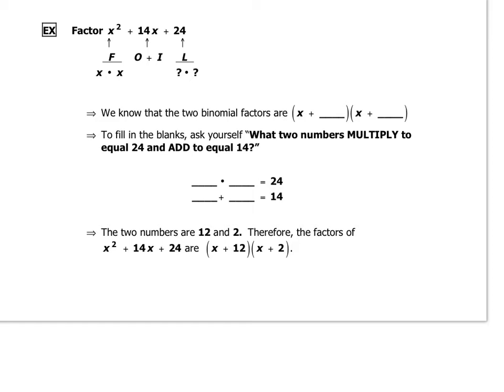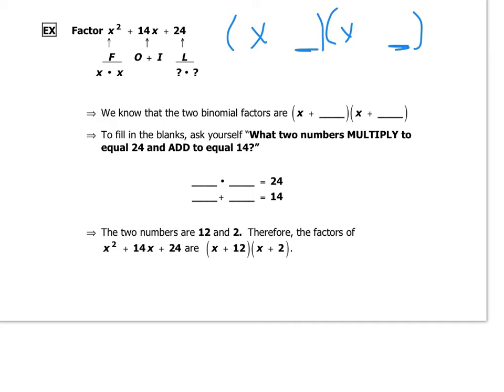When we factor this into two binomials, our firsts are x and x. Our lasts go here and here. That's what we need to figure out. We know that they're going to multiply to 24, but there are a lot of options: 1 and 24, 2 and 12, 3 and 8, 4 and 6.